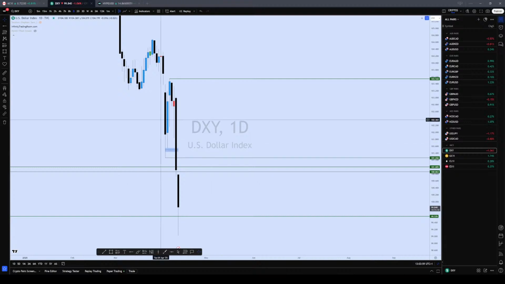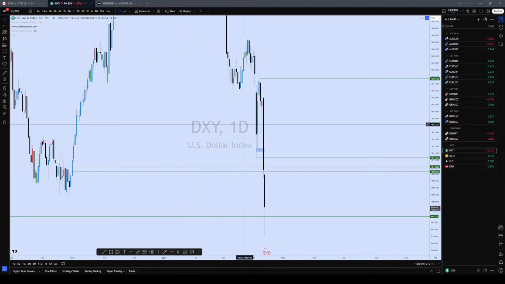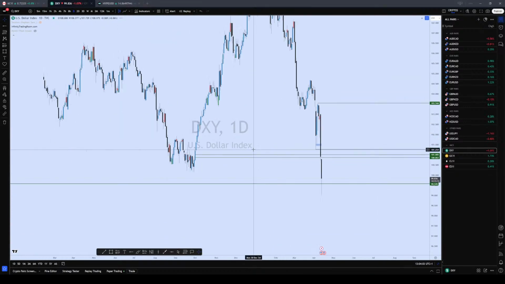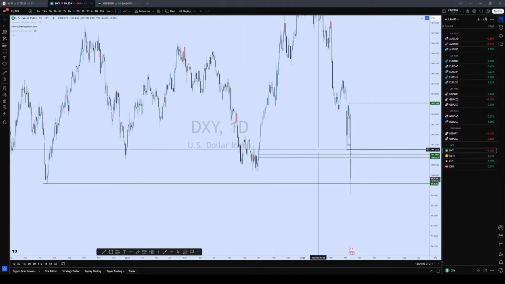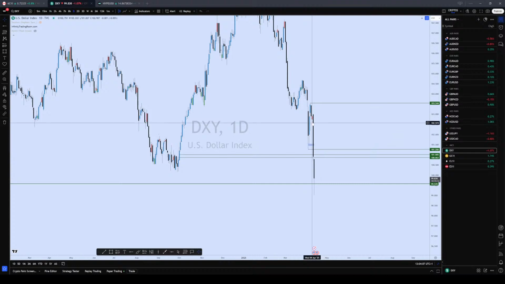All right, let's start with the dollar index as usual. As we anticipated, they're going to run for these lows. I wanted maybe a small pullback first before they do it, but they've basically run it out.